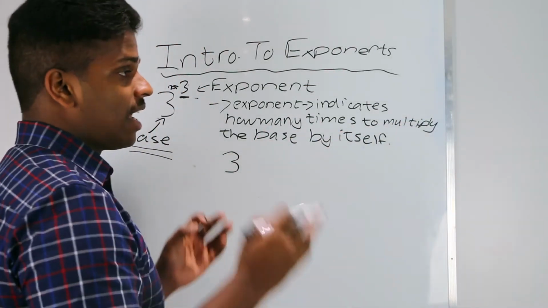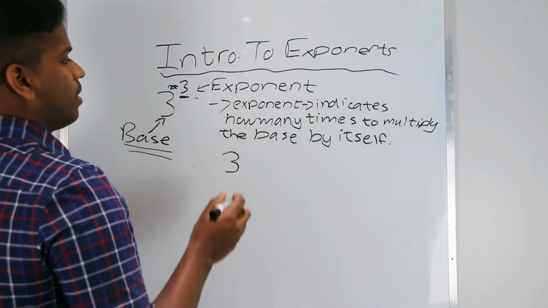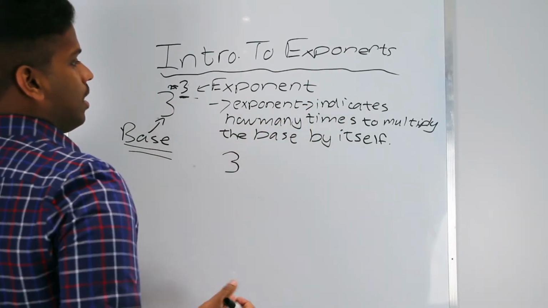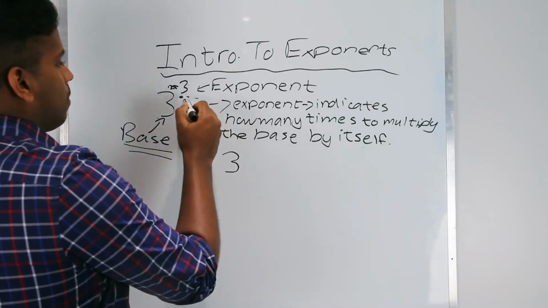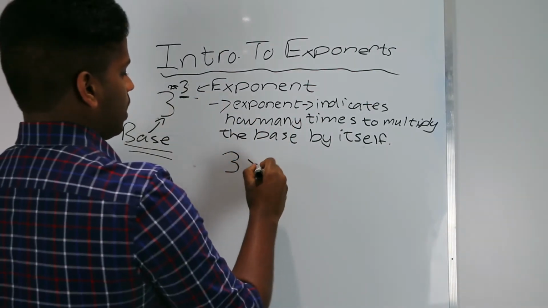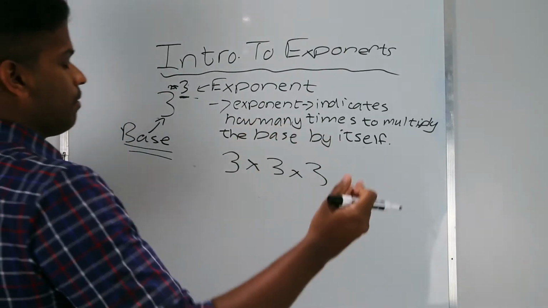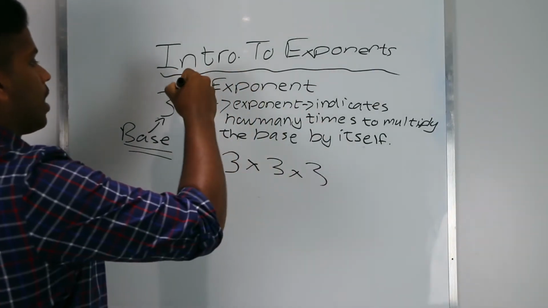If we follow the definition of an exponent, it's 3 times 3 times 3. We multiply the base by itself 3 times, as indicated by our exponent.